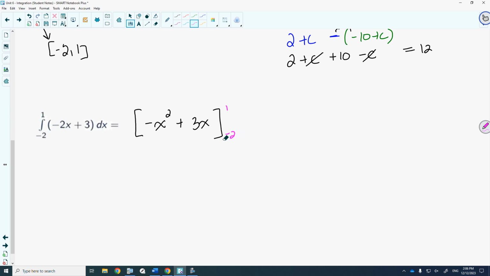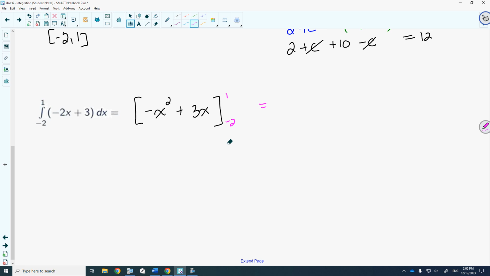So from here, we are going to calculate F of b minus F of a, which will be F of 1 minus F of negative 2. Into your antiderivative, you're going to sub in 1.